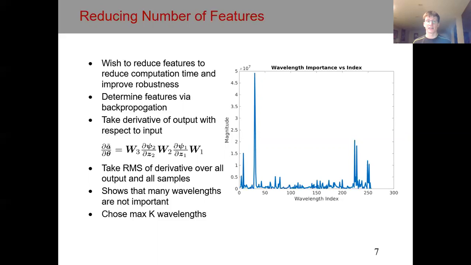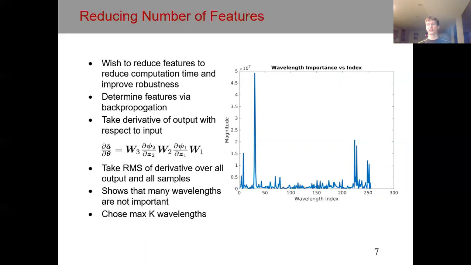The idea behind this is that if a feature is important, small changes in that feature will result in very large changes on the output. Now, I'm able to take the derivative of the output with respect to the input via backpropagation. Note that when we forward propagate, we obtain the derivatives of each of the activation functions with respect to that layer.